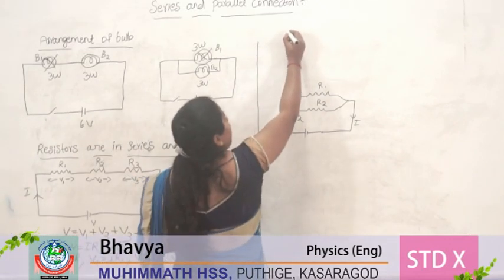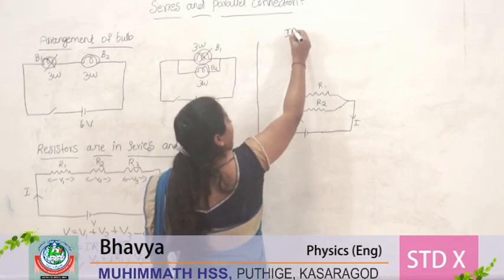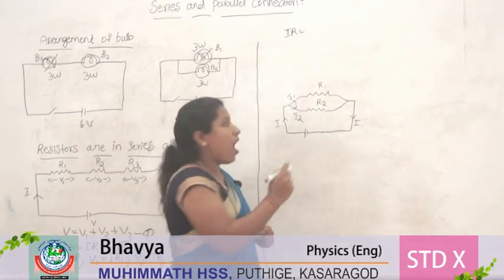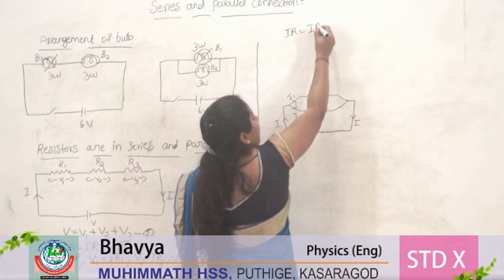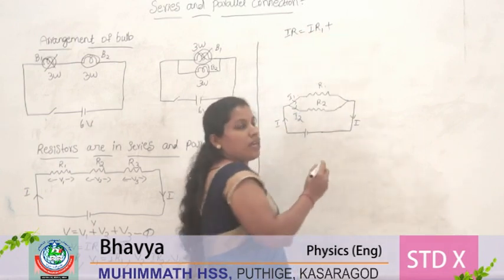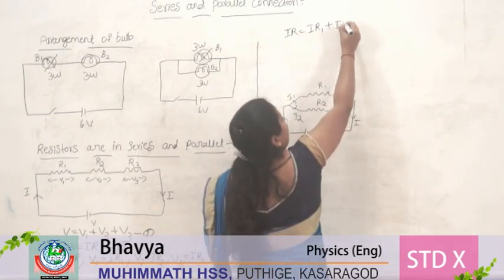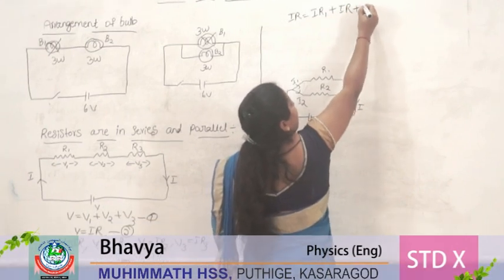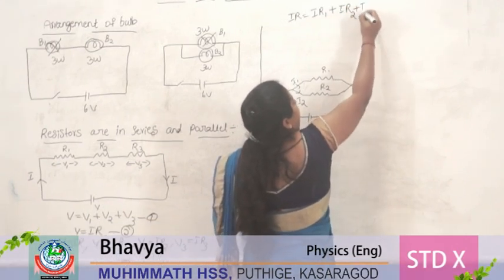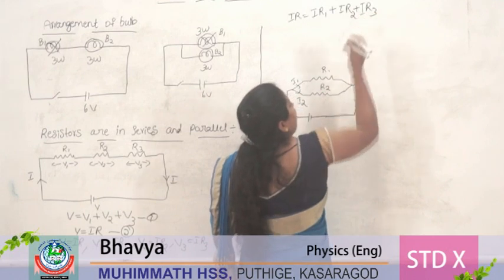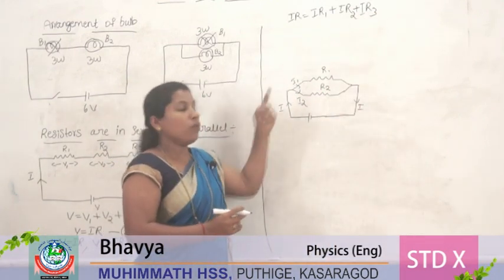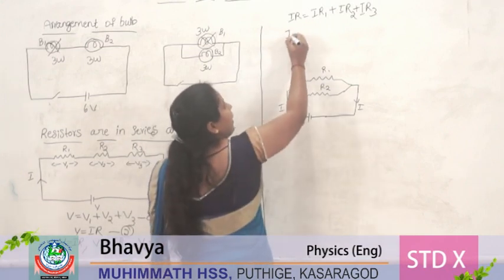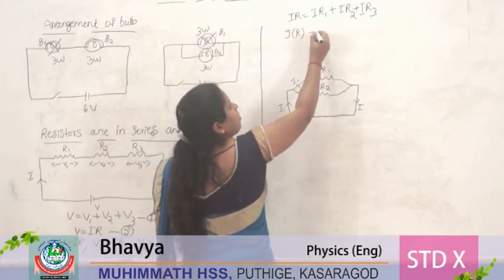So V means IR. IR is equal to IR1 plus IR2 plus IR3.